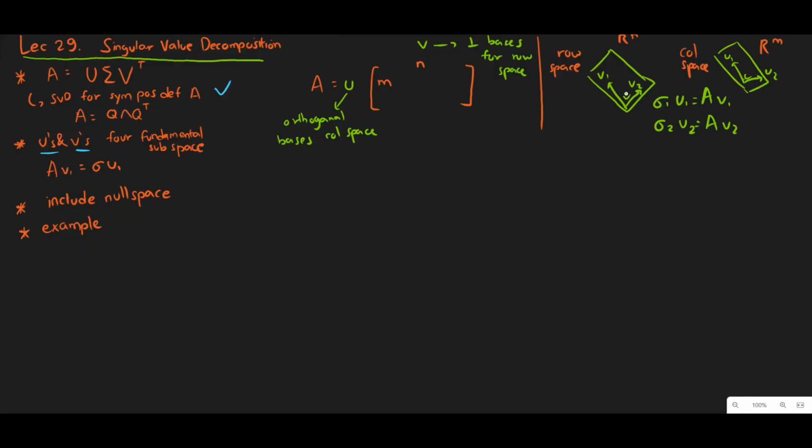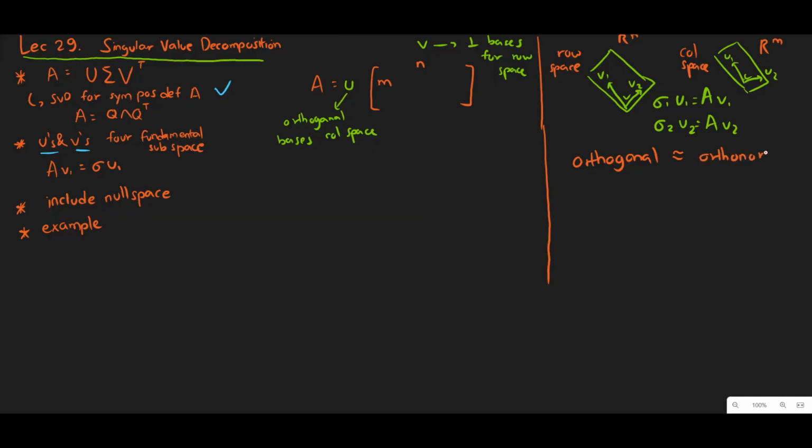The idea is that we first find orthogonal vectors V1 and V2 in our row space, and then when we multiply by A, we get some orthogonal vector in the column space, scaled by some scaling factor. I also want to mention that orthogonal here also implies orthonormal.